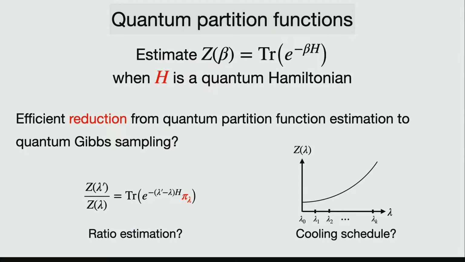What do you mean by Z lambda naught and Z lambda?